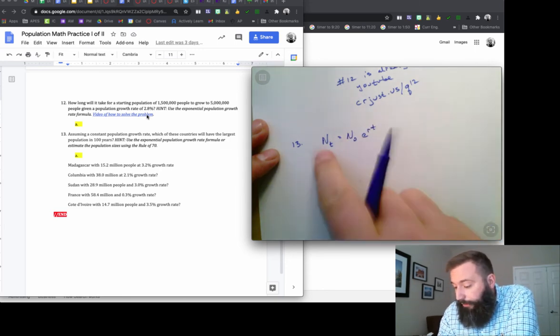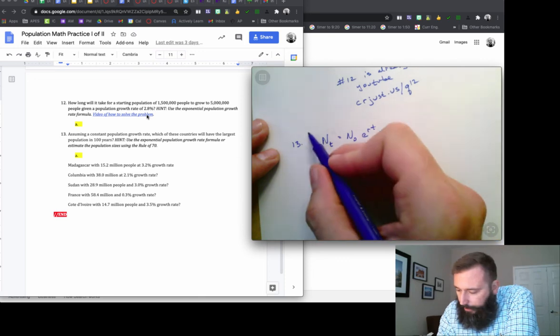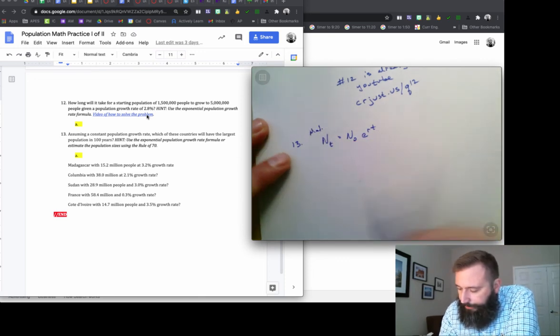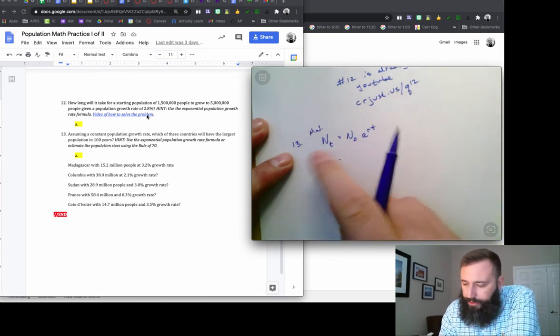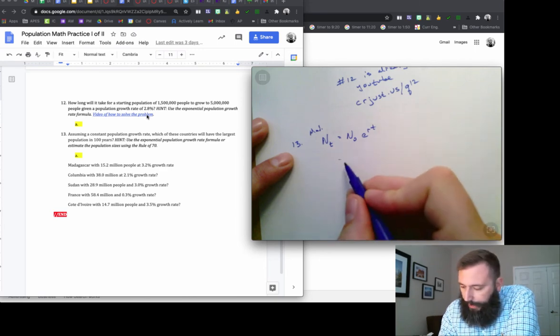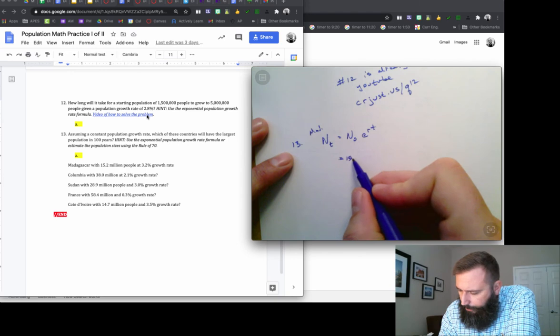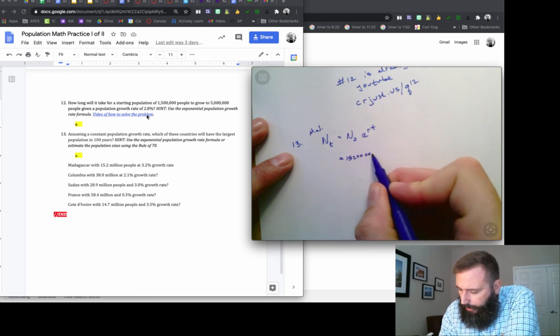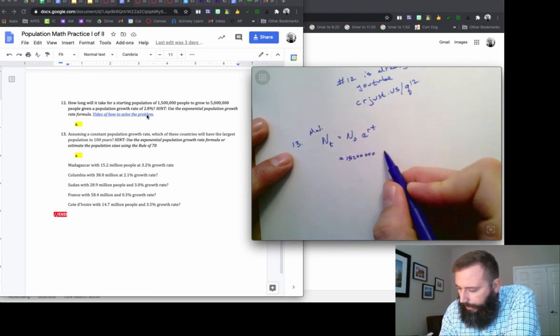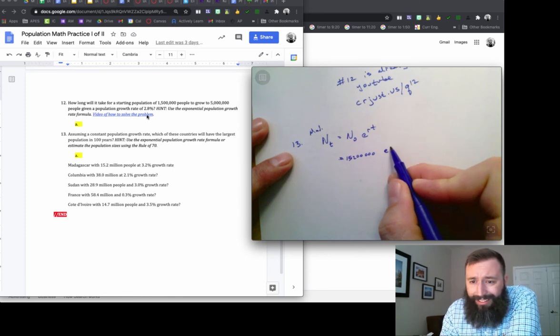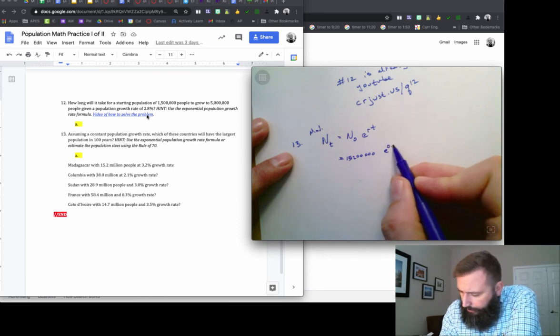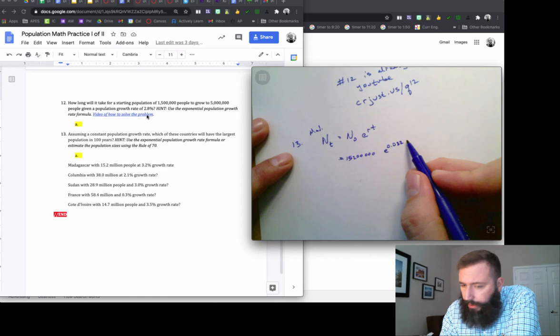So I'm going to do it for each one of these. Let's do Madagascar first. So we're going to solve for N of t for all of these, right? Our starting population is 15.2 million people, e to the 0.032 times 100.